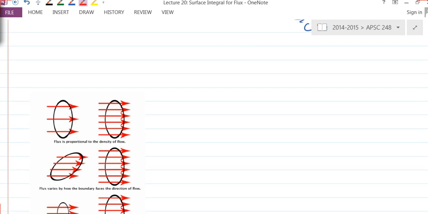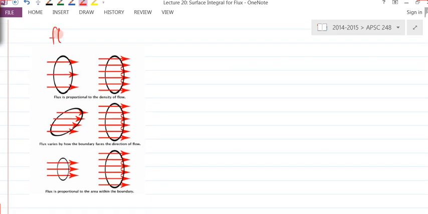And then we started the concept called flux. You have a vector field, and you don't see the vector field. The vector field is everywhere in the 3D space. So in order to describe this vector field, we often use so-called streamlines, as if you have a number of lines going through this 3D space.